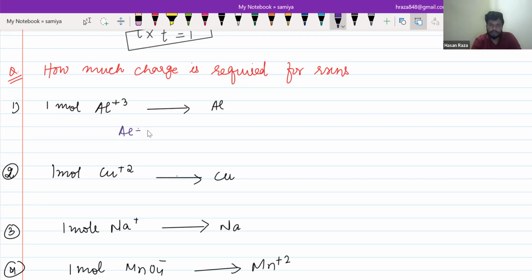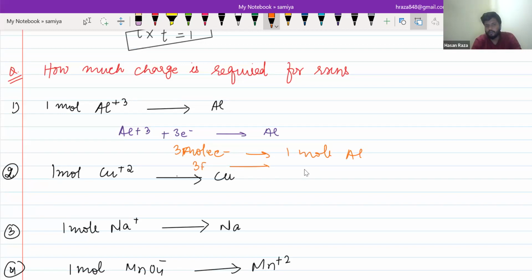You know that Al plus 3 will gain 3 electrons, and it will be converted into Al. So 3 Faraday, 3 mole electron, will give 1 mole aluminum. 3 mole electron, that means 3 Faraday, will give 1 mole aluminum.